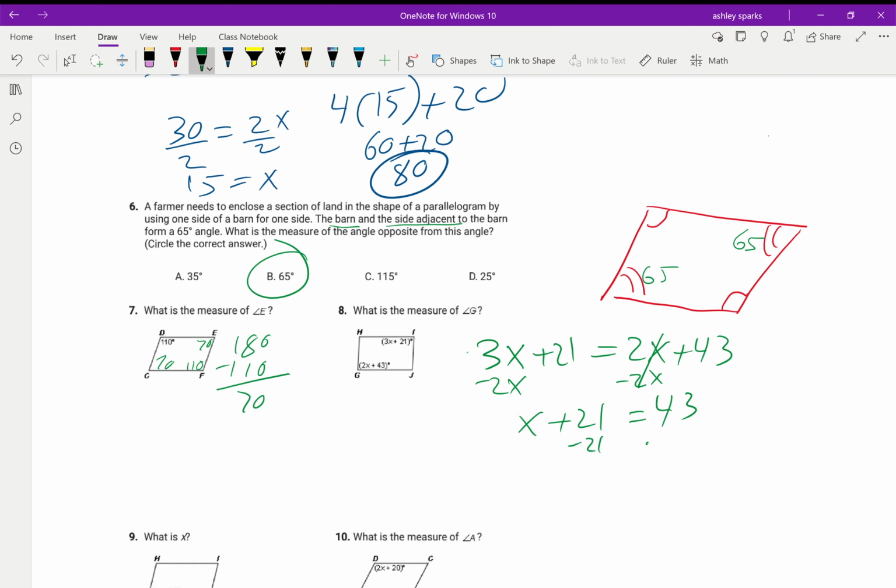And last step here will be to cancel out my 21s. So I get 22 left in here. And it asks me for my measurement of G. So at this point, I now need to plug in. So again, that's just making sure you always reread your question. Am I just solving for an x, or do I have to plug back in? So 2 times 22 plus 43. I get 44 plus 43, which is 87 degrees.